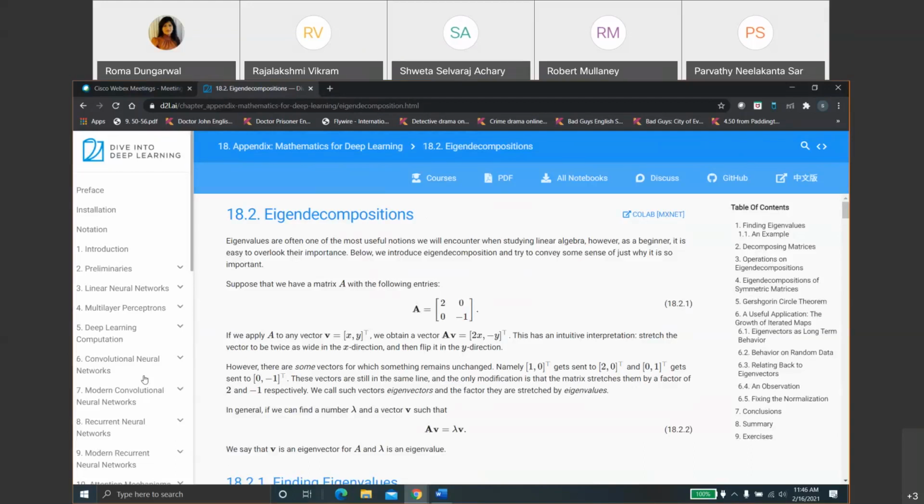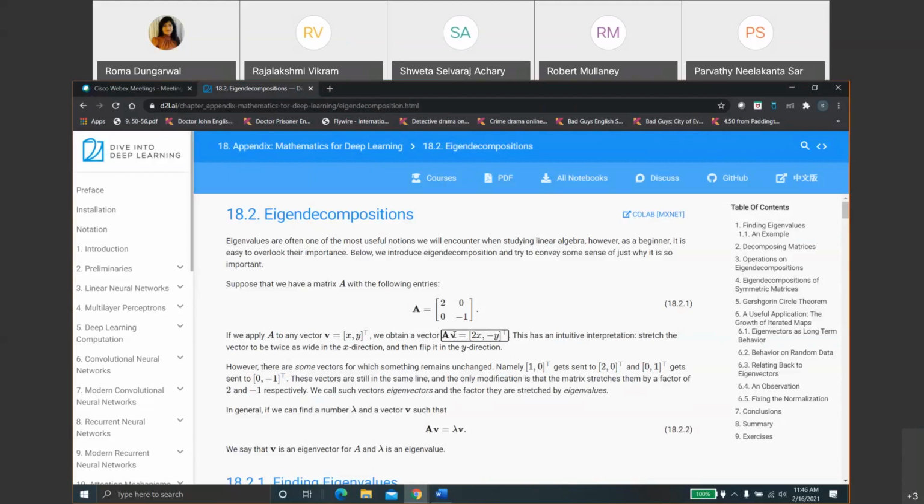What are eigenvalues and what are eigenvectors? If you apply a matrix A to a vector V, you will get some vector. But sometimes when you apply a matrix to certain vectors, there will be a change in only specific dimensions.